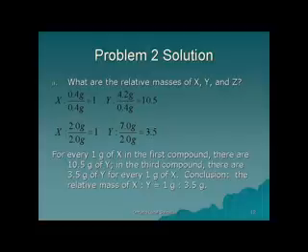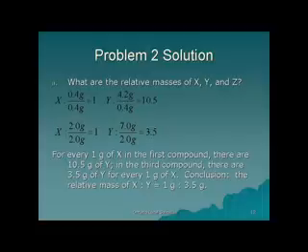In the third compound, we have 2.0 grams of X divided by 2.0 grams gives us 1 for X. For the Y, we have 7 grams of Y divided by 2 grams of the X, which gives us 3.5.